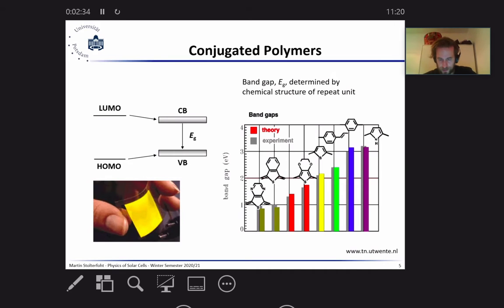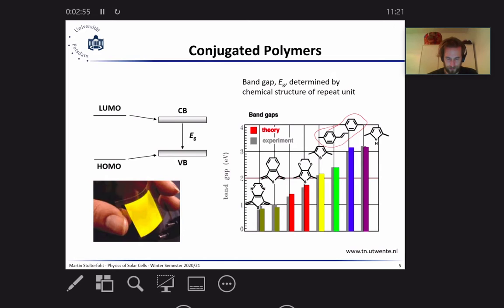Depending on the repeating unit and the length of the conjugation, so how long the pi orbitals extend over the molecule, the lower will be the band gap. This I will explain later.